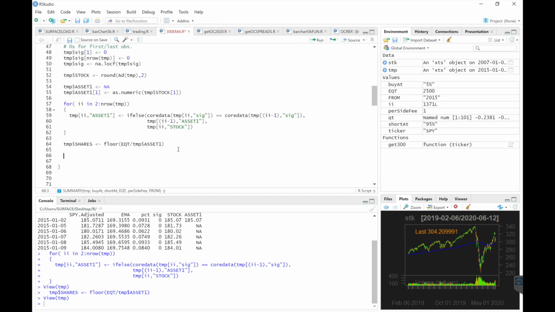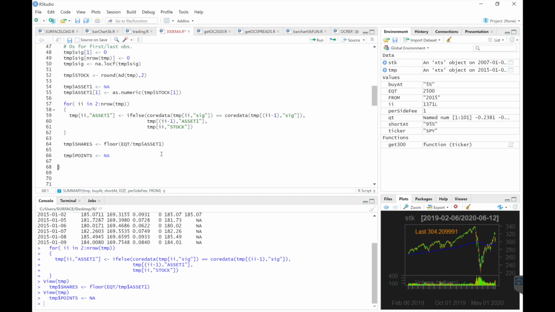Alright, so now we're going to calculate the number of points that signal generated. So we'll use temp points. Again, we're going to have to iterate through each row. So we'll do for ii in 2 to the number of rows in temp, the following.